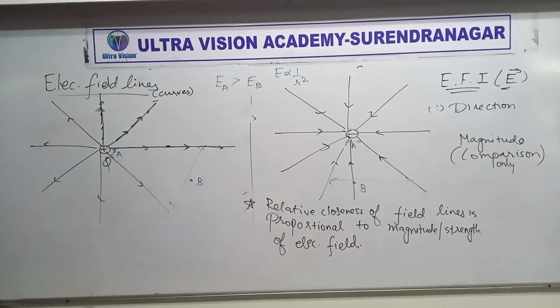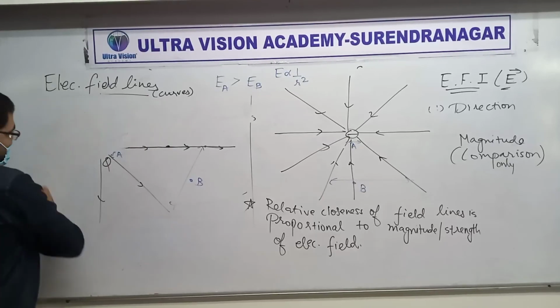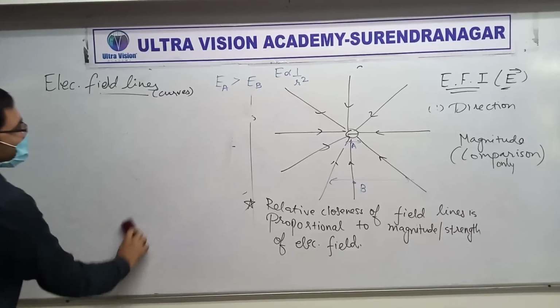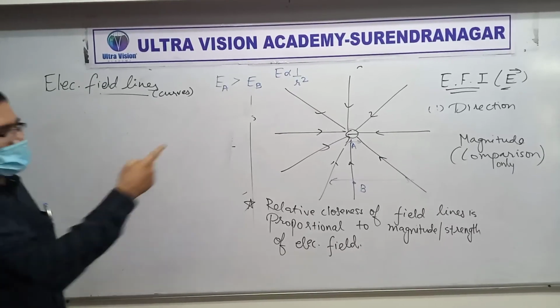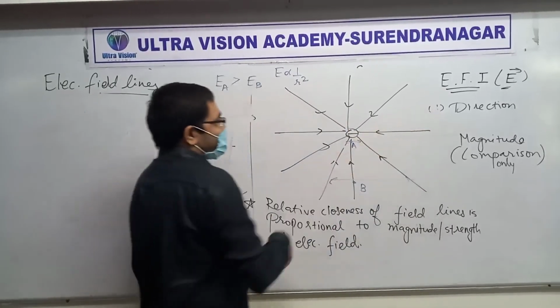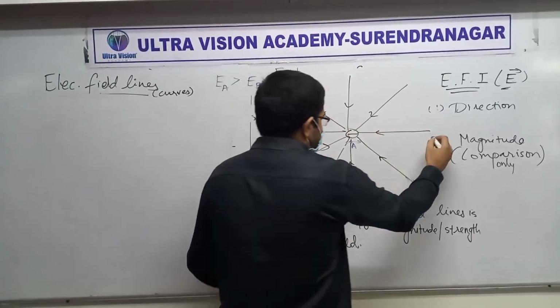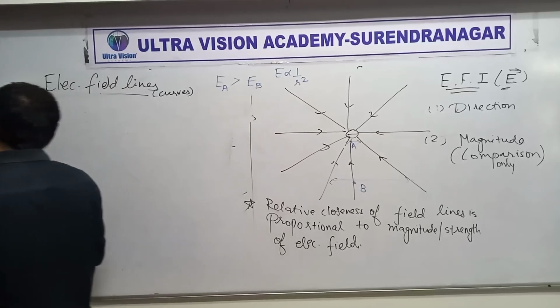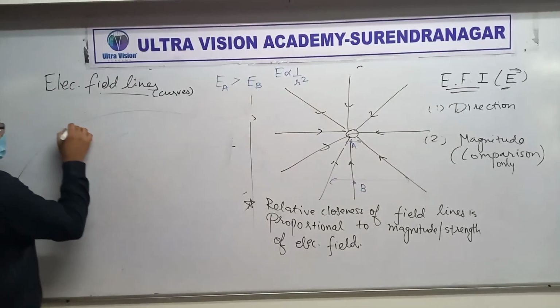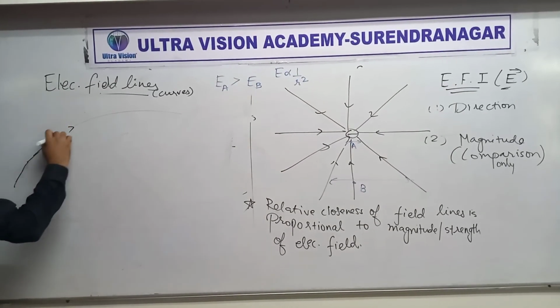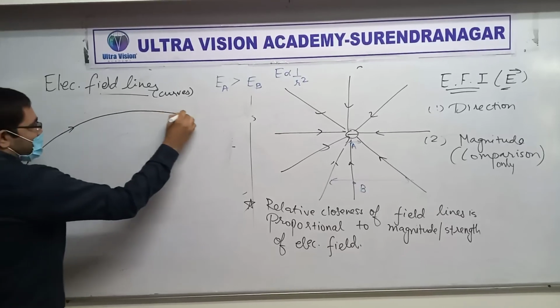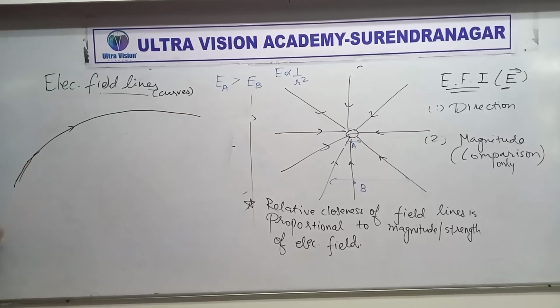Okay? Now, what to do about curves? Let's talk about that. What to do about direction if the electric field line is curved? So, suppose the electric field line is like this.